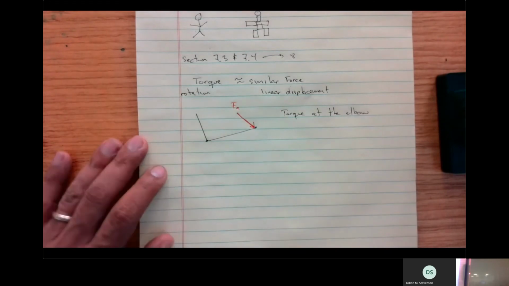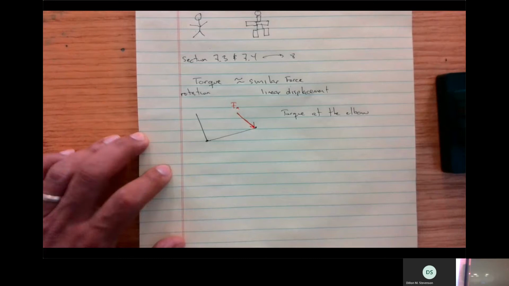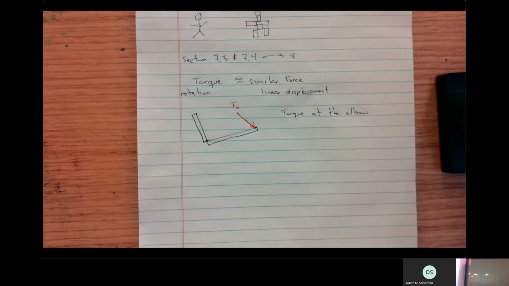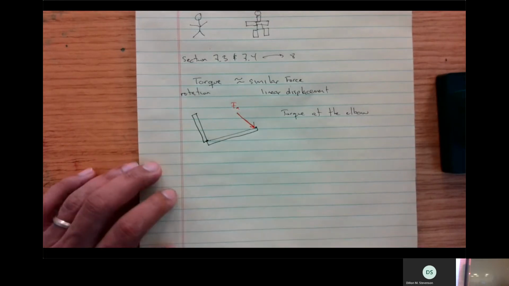Now I'm going to draw an extended object for my arm. You can represent the arm with either a cylinder or a rectangular prism, but when you see it from the side, it will look like a rectangle.